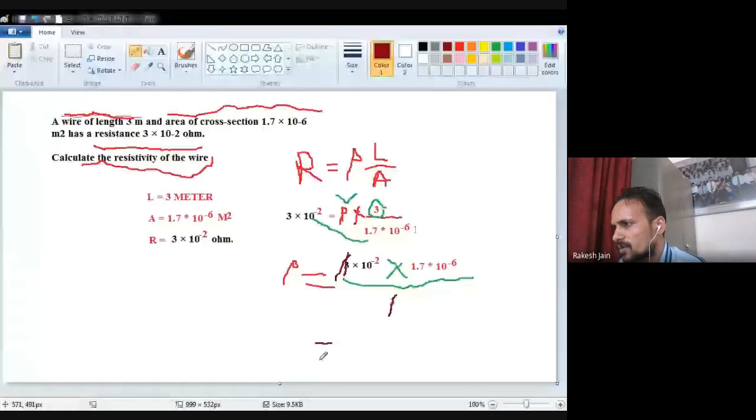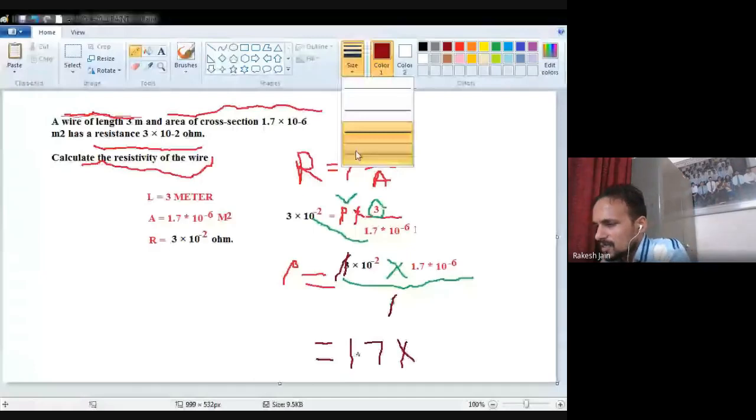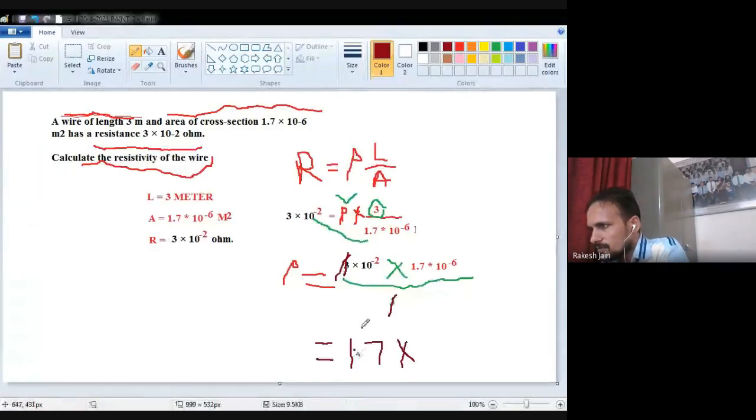We know that whenever multiplication is there, the powers will be added to each other.